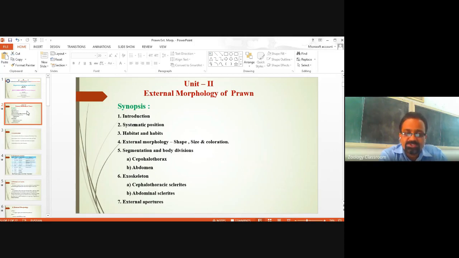So, introduction, systematic position, habitat and habits, external morphology, its shape, size, and coloration, how many segments are present and how many parts the body is divided into, that is cephalothorax and abdomen, what kind of exoskeleton appears, what the exoskeleton present in the cephalothorax is called, and what it is called in the abdominal region, and totally how many different types of apertures are present on the body, that we are going to study.